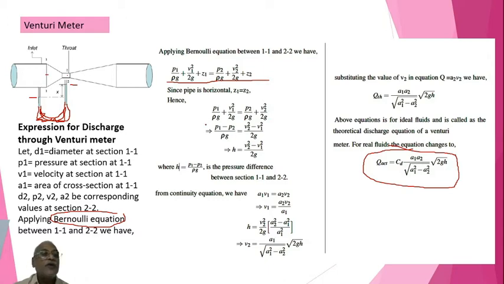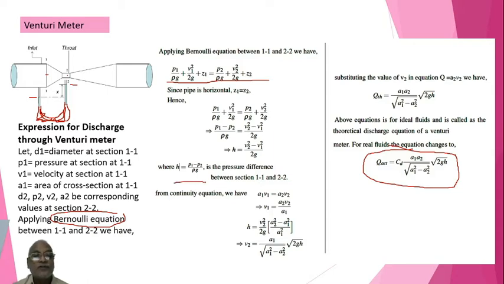Now if you take P2 to this side, (P1 − P2)/γ = (V2² − V1²)/2g. This is nothing but the pressure difference between points 1 and 2, that is, the pressure difference in terms of X. If we call it H, the pressure difference in terms of water, where H is (P1 − P2)/ρg, the pressure difference between sections 1 and 2.